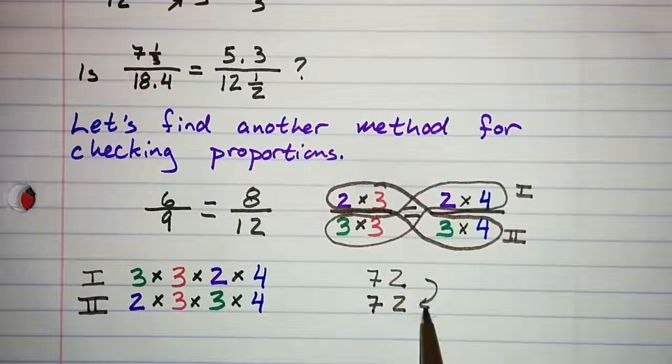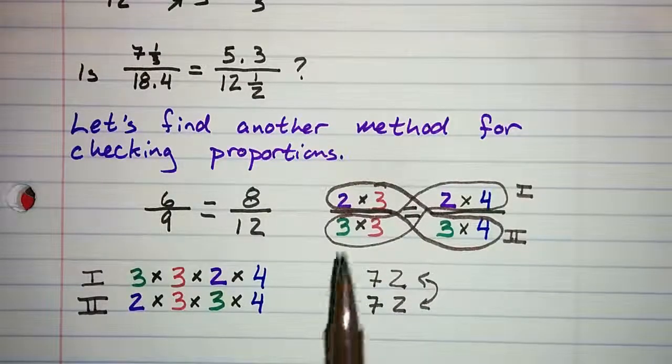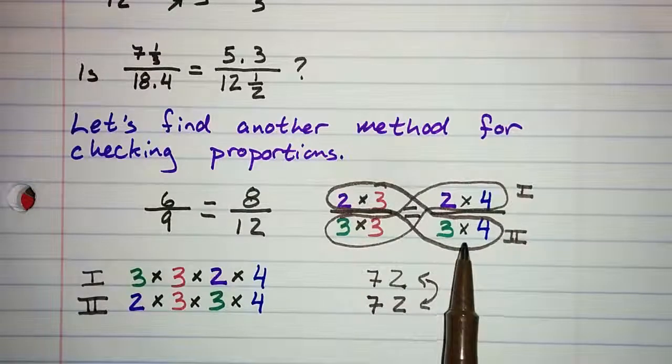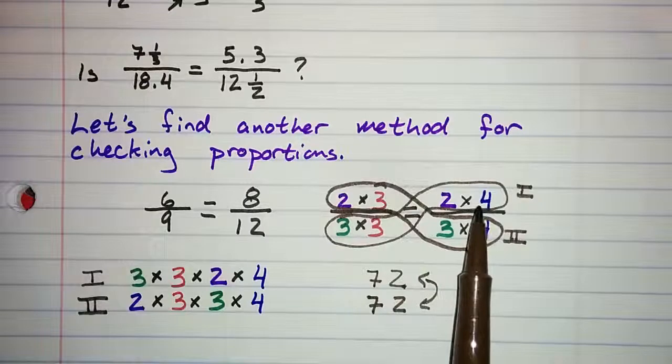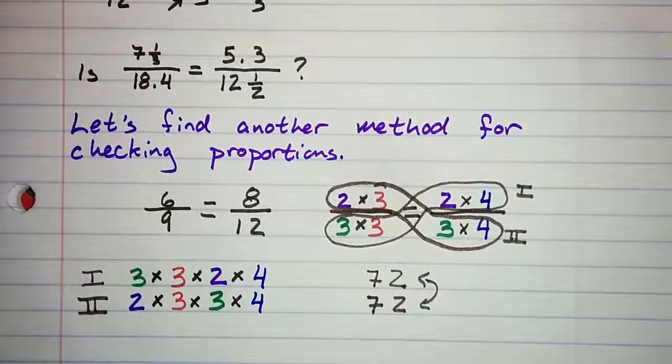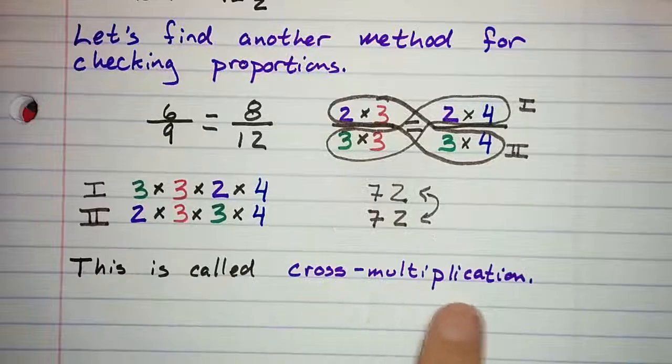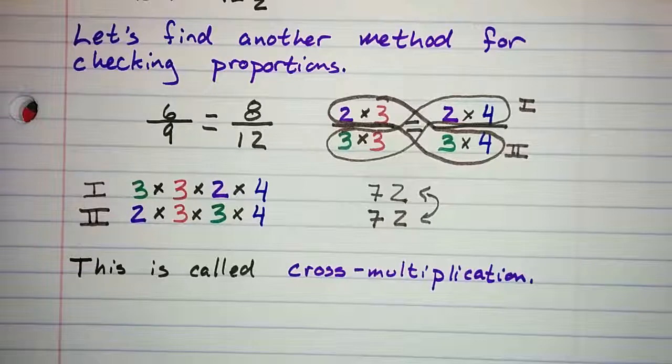They are equal. This process, multiplying the first numerator by the second denominator and the first denominator times the second numerator, is called cross-multiplying. The process is called cross-multiplication, and these products are the cross products.